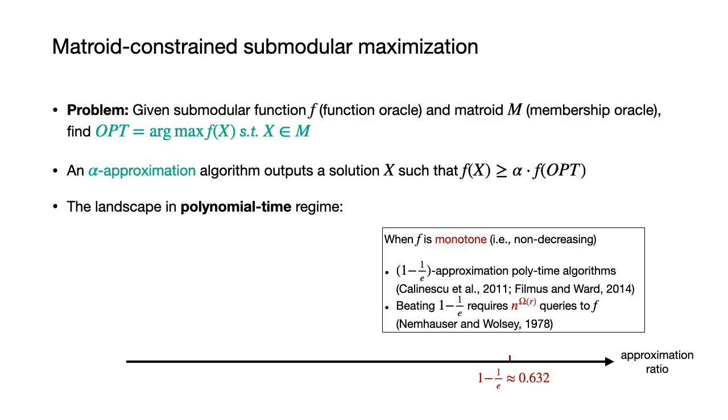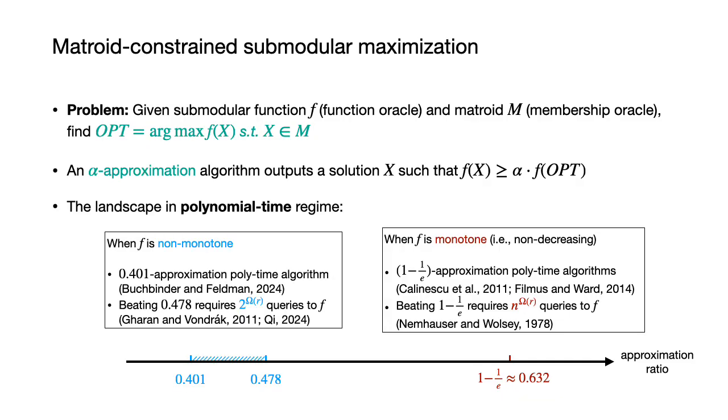When the function is monotone, namely it's non-decreasing, then a 1-1/e approximation is achievable by a continuous greedy algorithm by Calinescu et al. and a local search algorithm by Filmus and Ward. And this is the best we can hope for. Specifically, beating 1-1/e approximation would require n to the omega r queries to the function oracle. This is a classical result by Nemhauser and Wolsey.